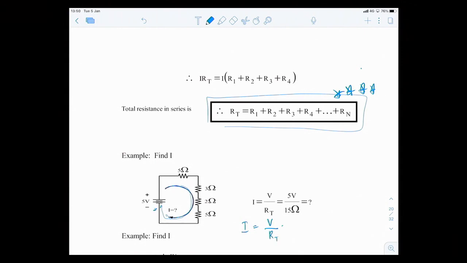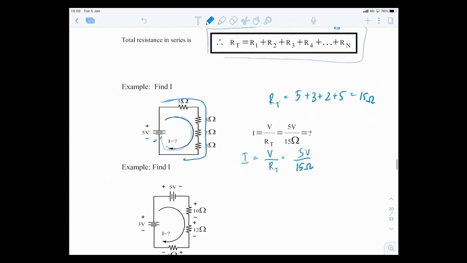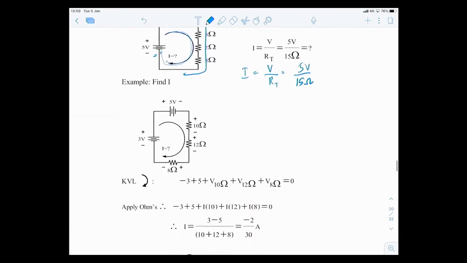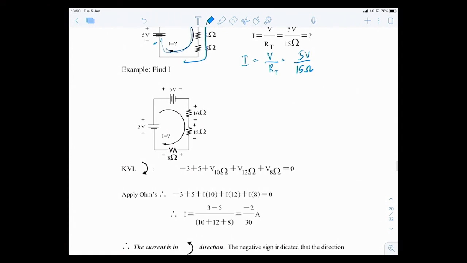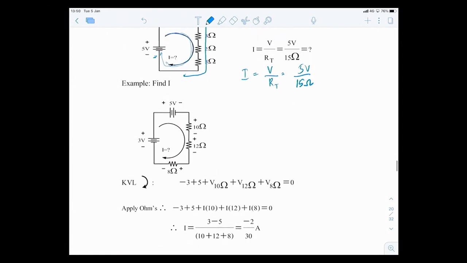And we know that the same current passes through 3 to 5 ohms right here, they're connected in series, so R total is equal to the sum of all of them, right? So 15 ohms. So divide by 15 ohms, you get the answer for I. Okay, so this is how we make use of Kirchhoff voltage law and Ohm's law.